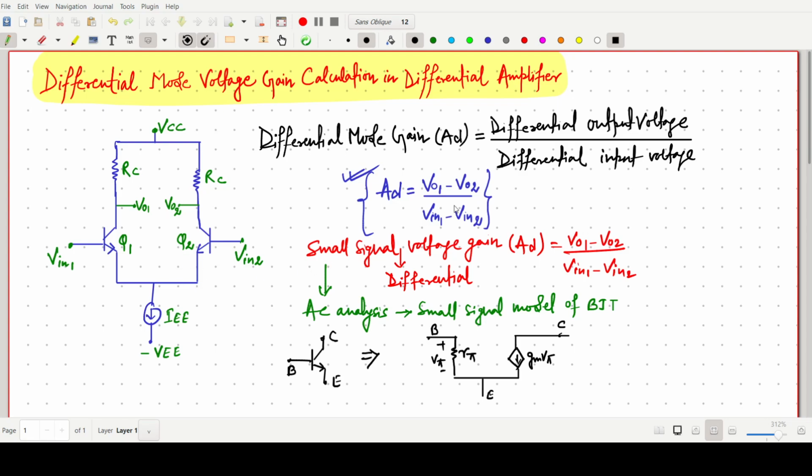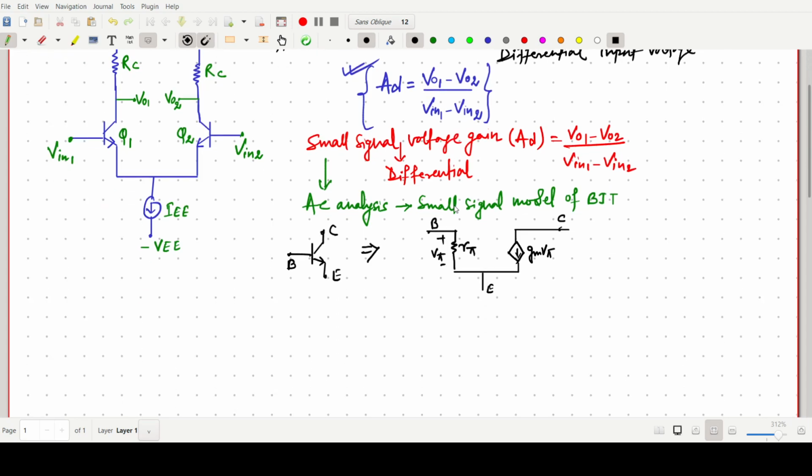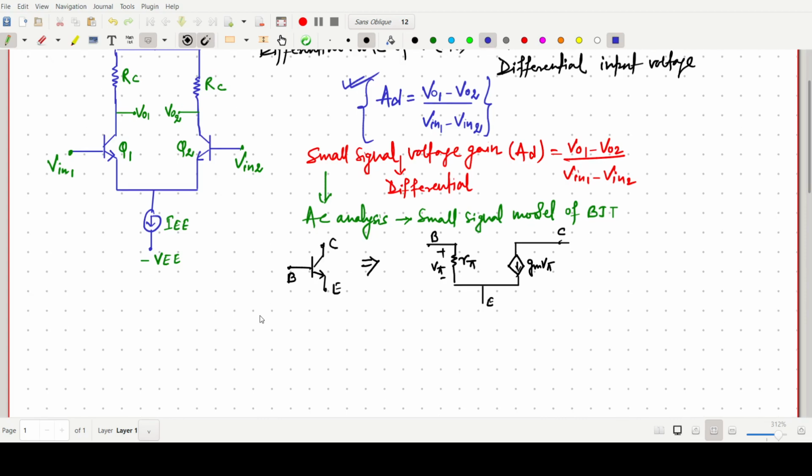So what next? One can simply draw this Q1 transistor like that. For Q1, once again I am drawing the model.